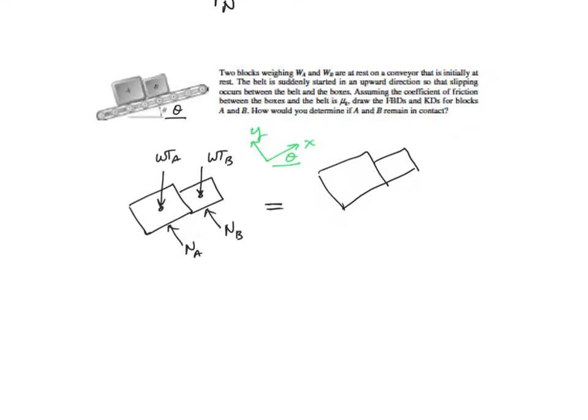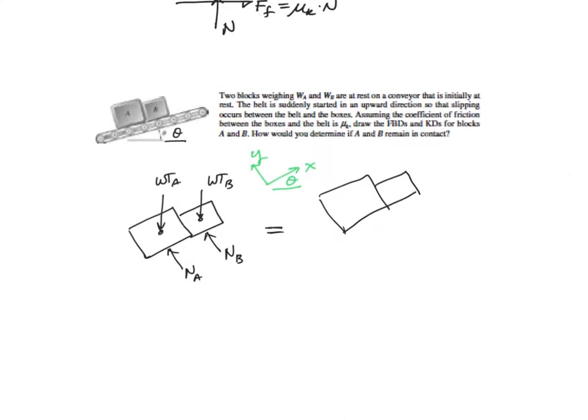And again, these blocks are at rest on the conveyor belt. Then suddenly the belt starts to move. So now we've got this friction that's occurring. Before the belt is moved, the force of friction would be in that direction, holding those things on the belt.